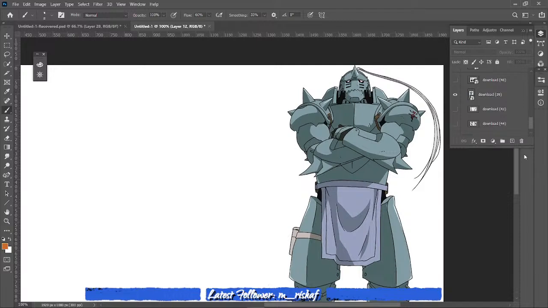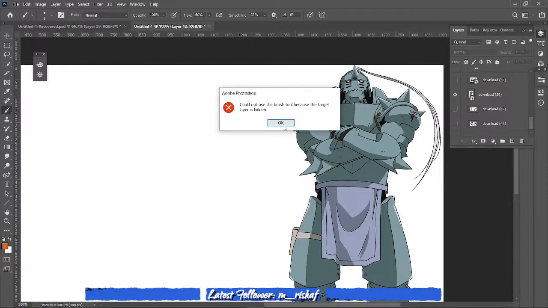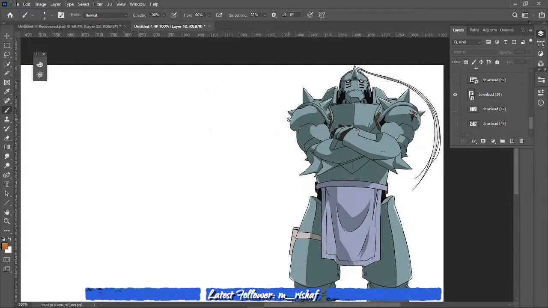Now look at Alphonse Elric. Alphonse Elric cared about others. He cared about his brother. So his design has both sharp and soft lines.